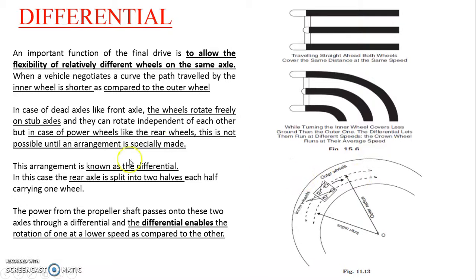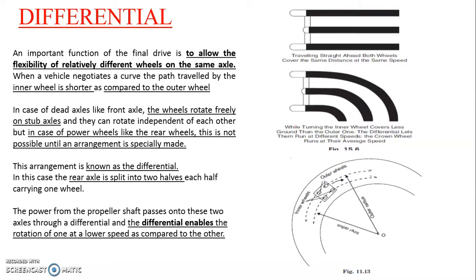Due to this arrangement of splitting the rear axle in two parts, one at lower speed means the inner wheel will rotate slowly as compared to the outer wheel.